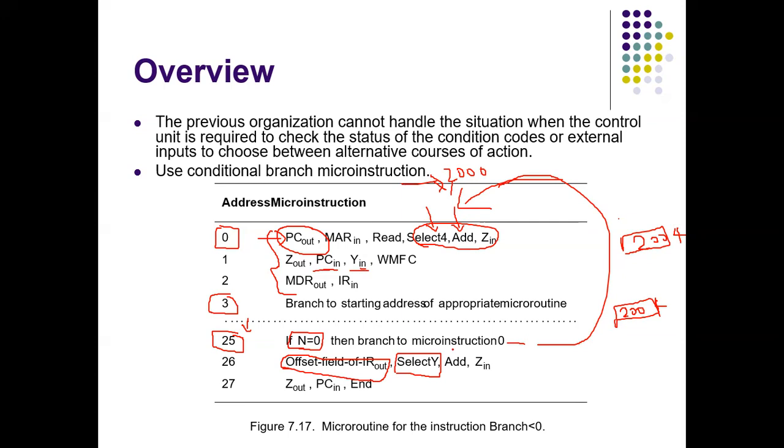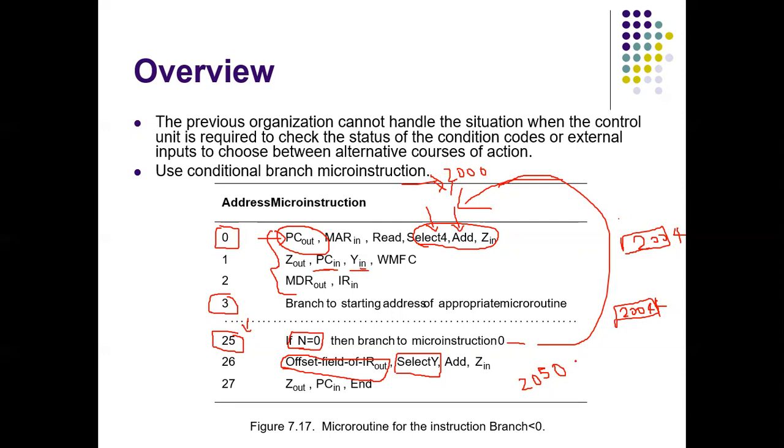So the offset field of IR: in the last class we discussed how to identify the offset. For getting the offset, you find the difference between the PC and the target address. If the target address is 2050, then the offset will be 2050 minus the PC content.